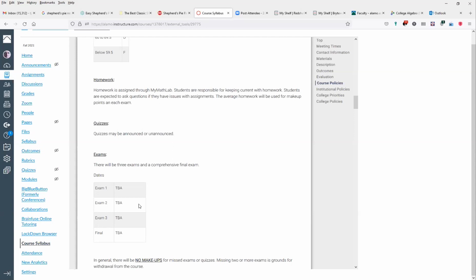And so by the weekend, I like to get the review up, and I expect you to at least have looked at all the problems, if not worked all the problems before the review. Because how I like to conduct my review is, what are your questions? Some people ask me detailed questions about the homework, about the review, because they had issues with one problem or a couple of problems.